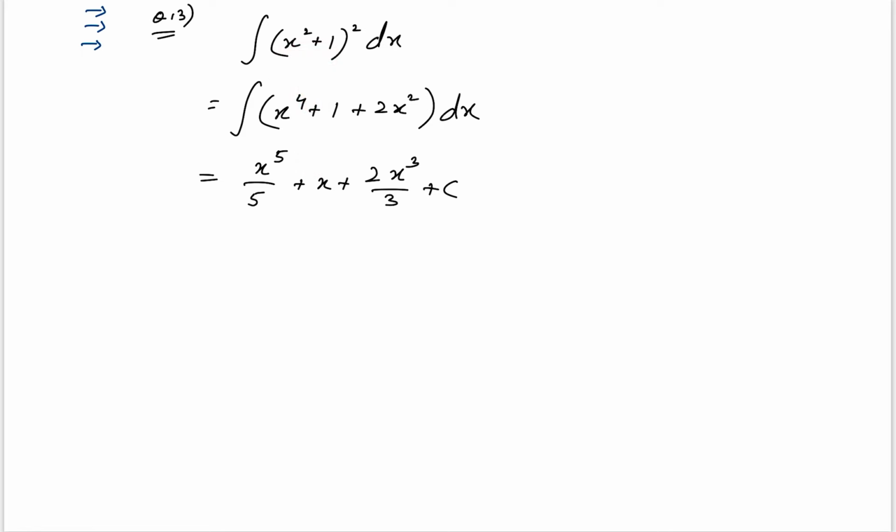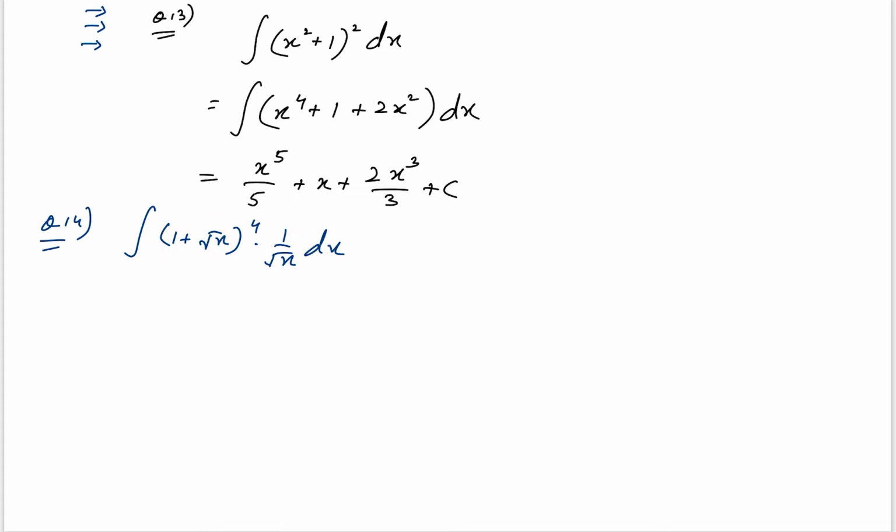Now if the question is in the form of the integral of (1 plus under root x) whole to the power 4 multiplied by 1 over under root x dx. Here is another method, that is integration by substitution. Sometimes we can solve the question using the power rule, but sometimes we don't know whether the derivative of the inside function exists here or not.